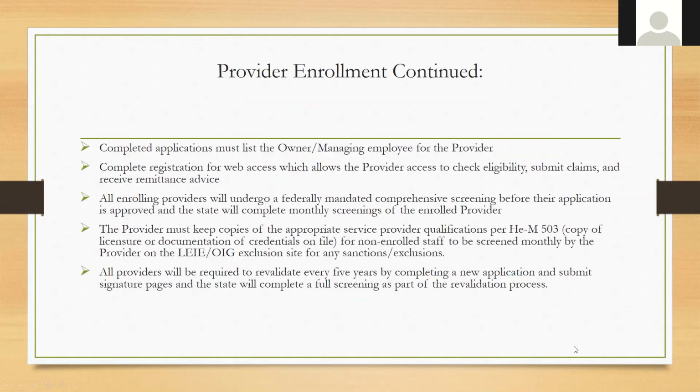In the application process for a group provider, there are sections that must be completed in order for us to move forward with the application. One of them is the owner and managing employee section. It's kind of confusing the way the questions are worded, but for an owner of your entity: is there a sole owner?